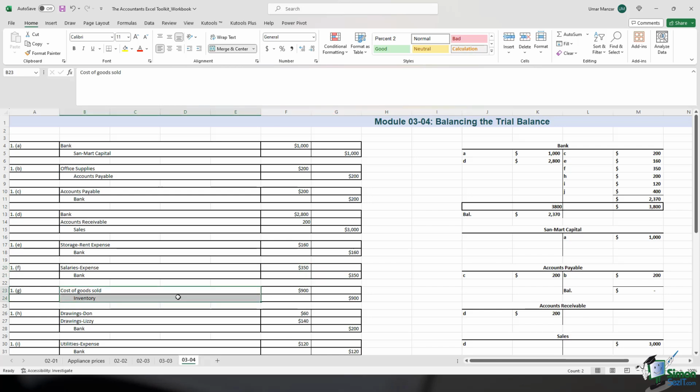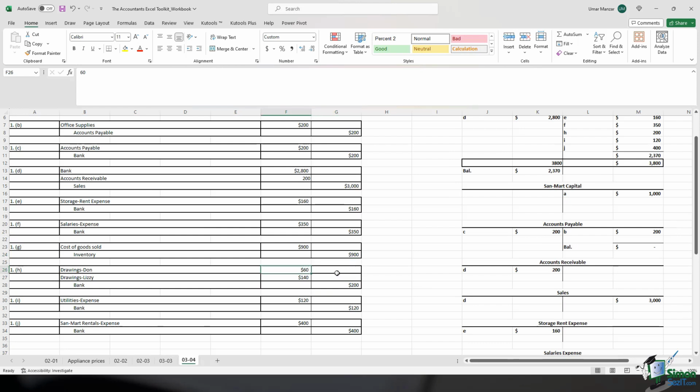In this particular transaction, we see that the cost of goods sold and the inventory engage in a transaction worth $900. SanMart buys $900 worth of supplies that is recorded in the cost of goods sold, and it holds these supplies as inventory.